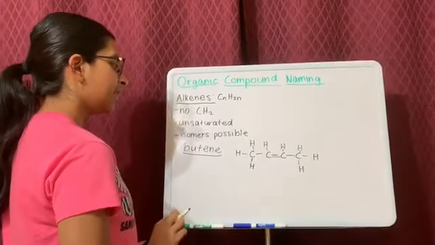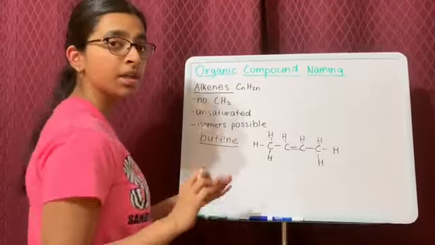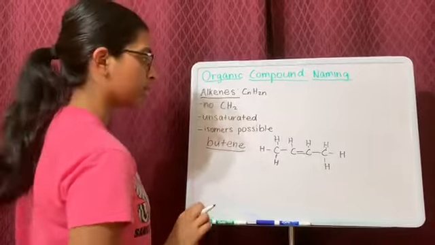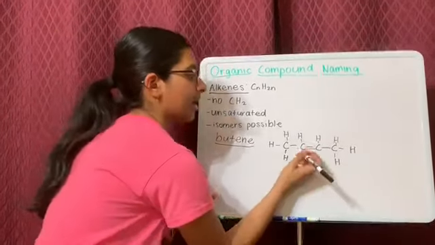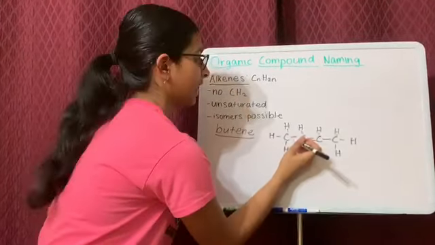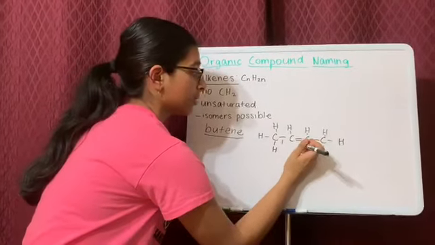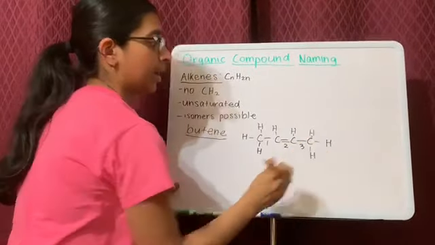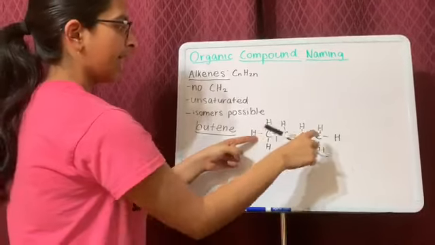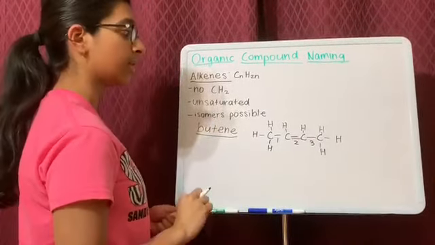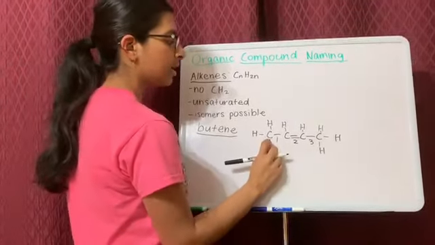Well, the way that we do that is we number our carbon-carbon bonds that we have in this molecule. So you see here that this is a carbon-carbon bond. That's number 1, this is number 2, and this is number 3. Remember, we do not number the carbon-hydrogen bonds, only the carbon-carbon bonds. And then we figure out where the double bond is.